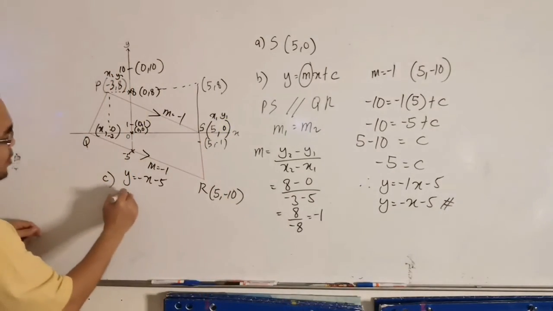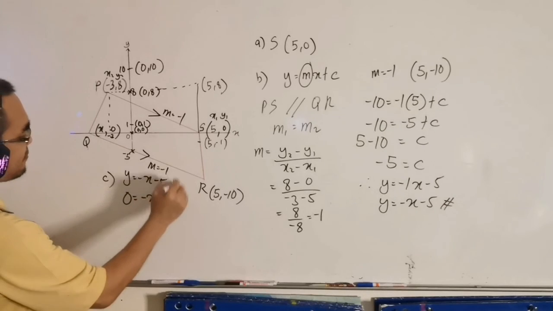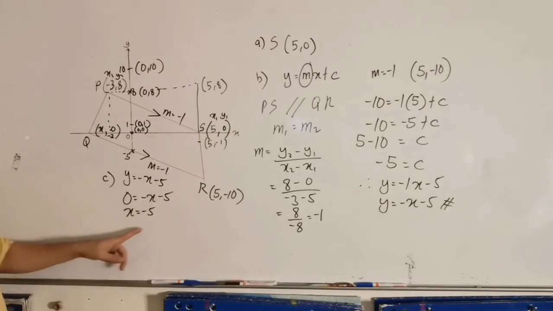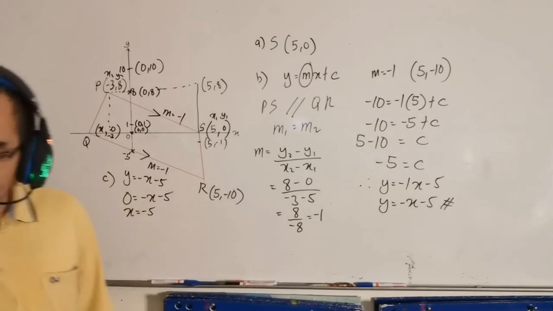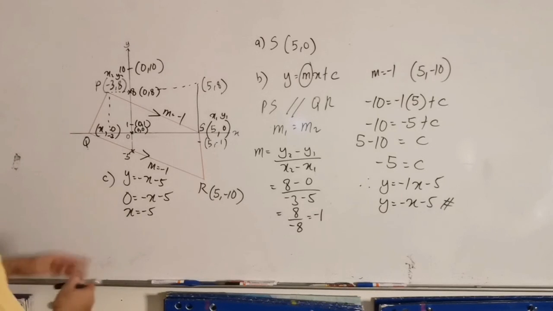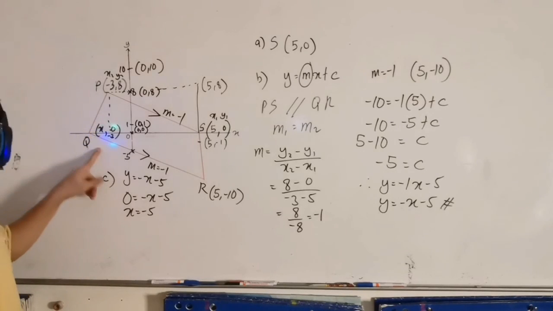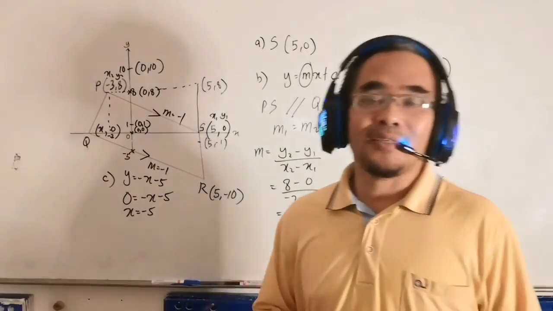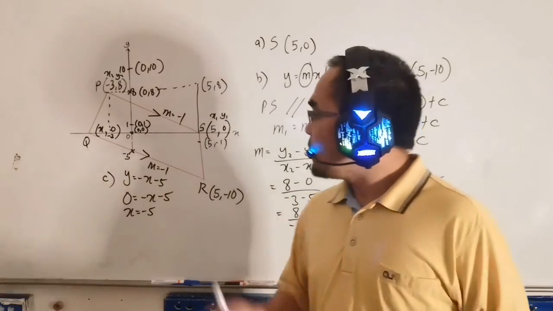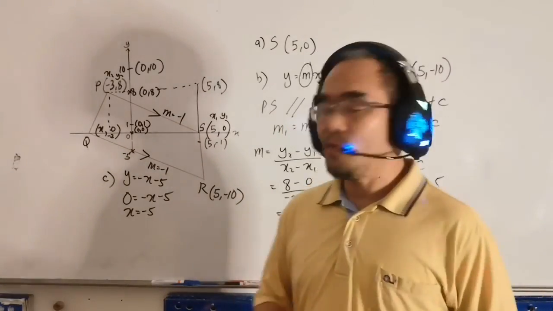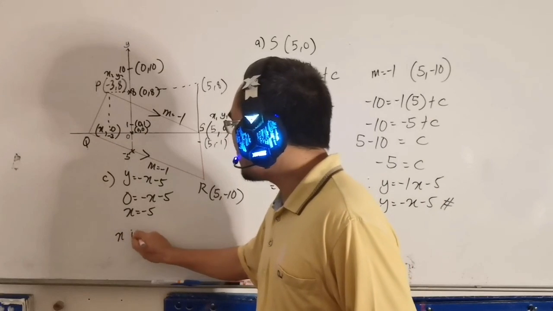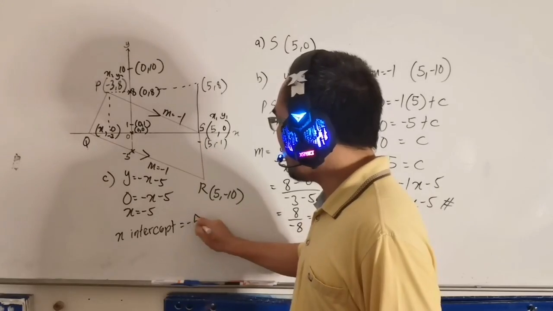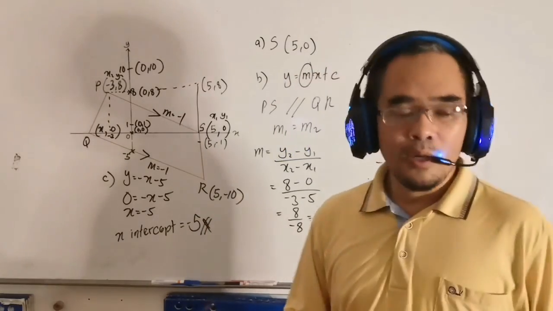So 0 equals negative x minus 5, and moving negative x, it becomes x equals negative 5. So the coordinate of Q is (-5, 0). But to answer this question, what is the x-intercept? The answer is negative 5. So the x-intercept is negative 5. That is the answer for C.